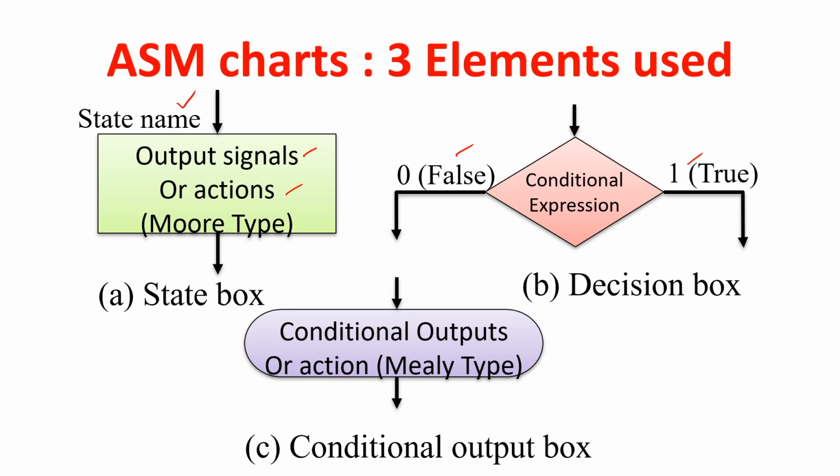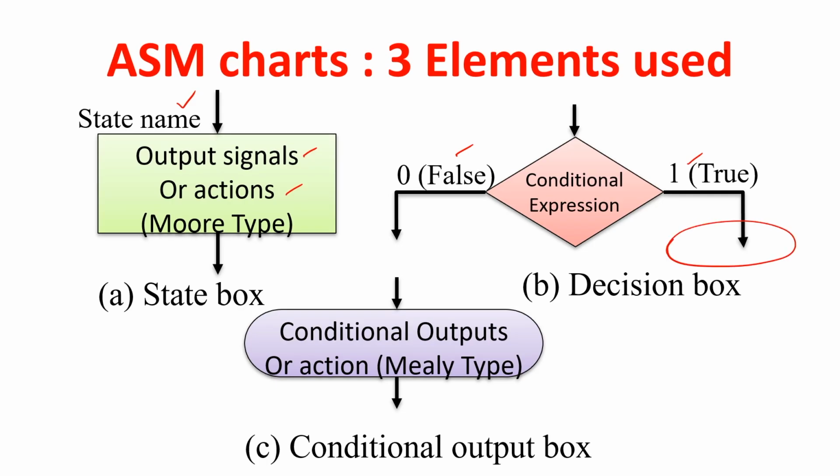We will have many examples. On the arc of any decision box we can put a conditional output box. That means if this condition occurs then this will be the output. Conditional actions we can also take.